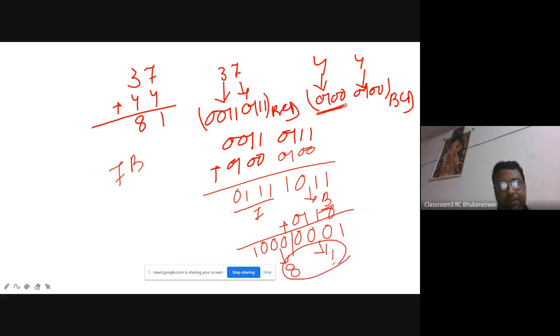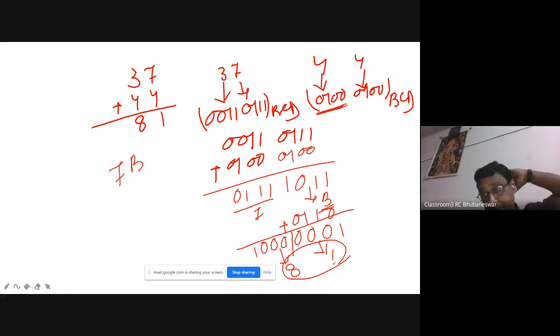It means that you have the numbers from 0 to 9 in the decimal number system, but in the hexadecimal number system, we have the values from 0 to 15. So if your number is greater than 9, then we will add 6. Why 6? Because if you count 10, 11, 12, 13, 14, 15, the total is 6. As it is 6, automatically 6 will be added to give you the number in the form of decimal.